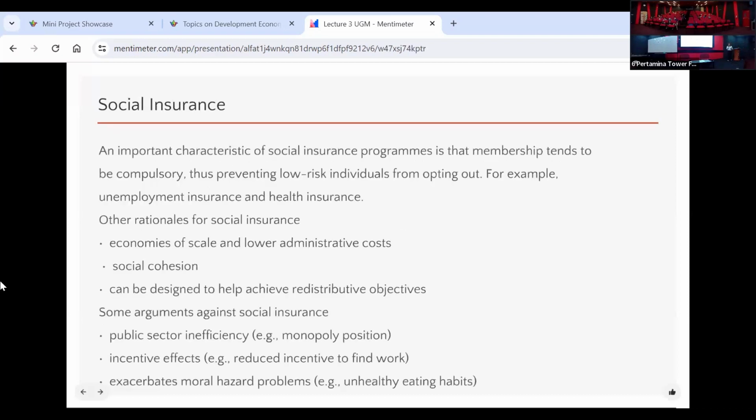So that means that social insurance exacerbates the problem, makes it worse. For example, in the UK, the NHS is free to everybody, whether you're working or not working, all possible treatments, and there is a lot of moral hazard. So people don't look after themselves because they know that the doctor's bill is picked up by the government.